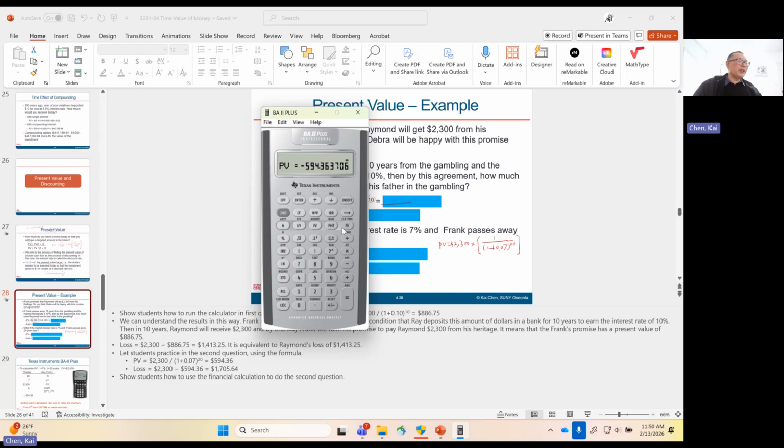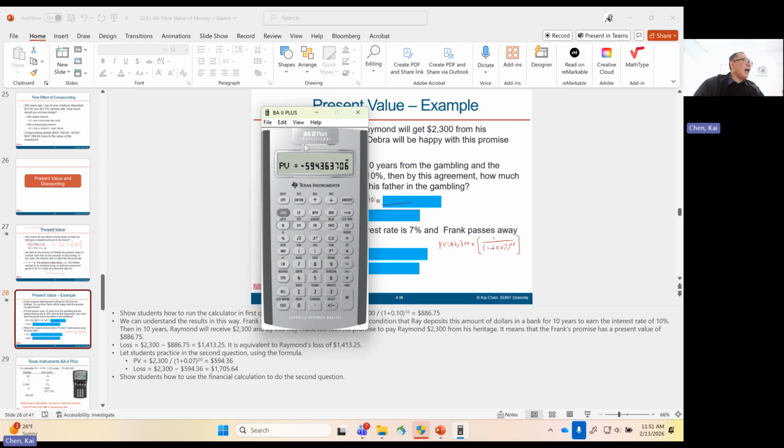Usually, we define present value as cash outflow and future value as cash inflow. Again, before you begin a new calculation, you should clear the memory of the time value function. All right. So that is the example.